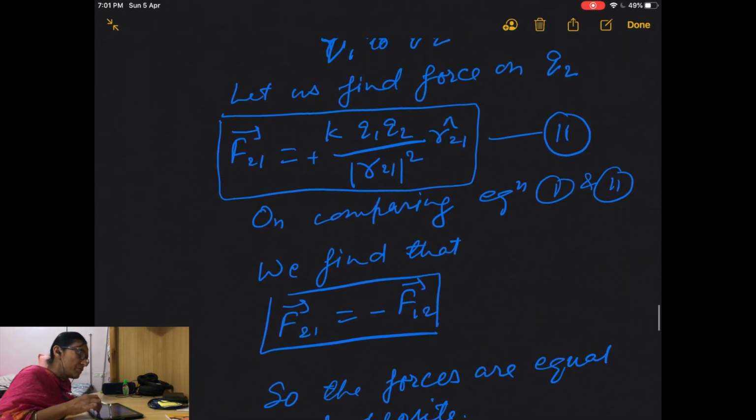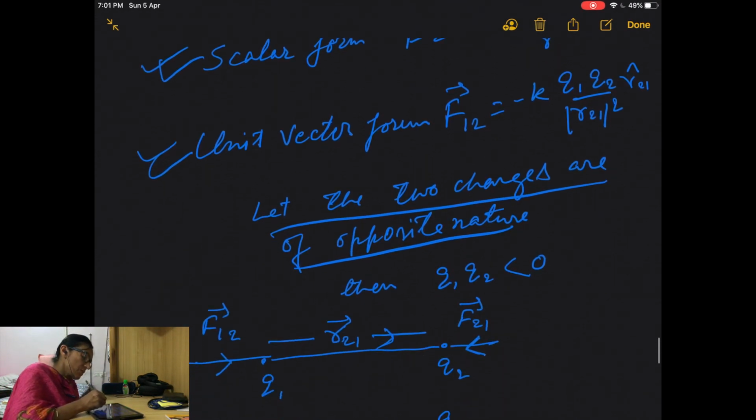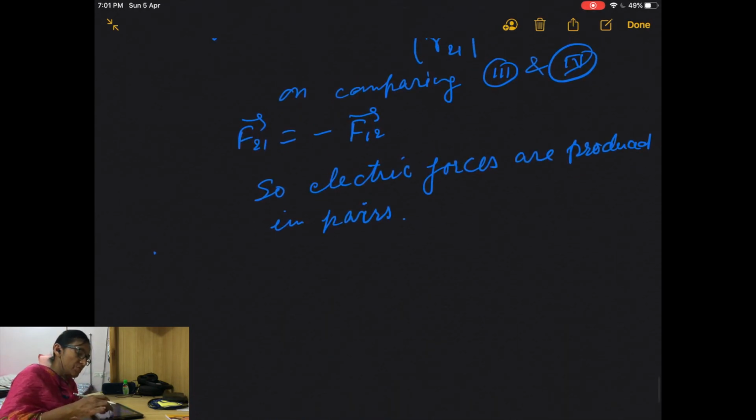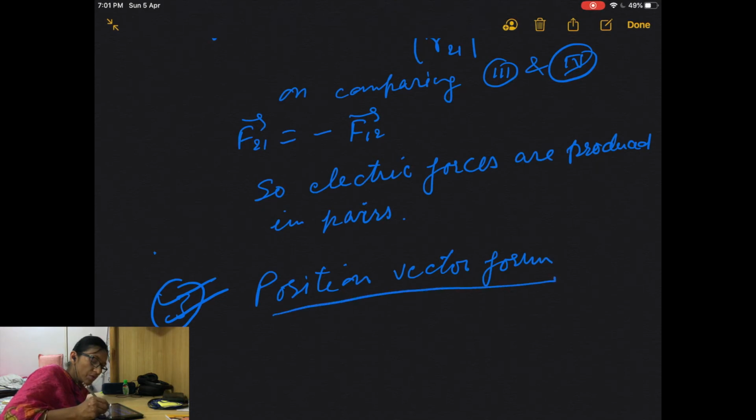So we have two forms, scalar form and unit vector form. Now the position vector form. The third one is the position vector form.